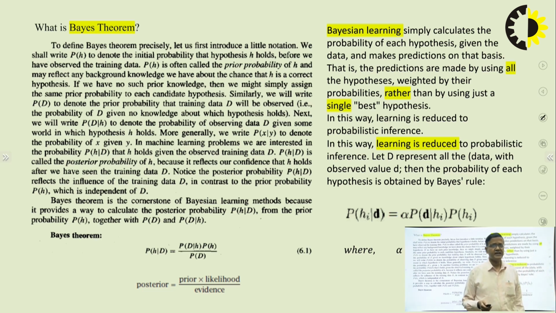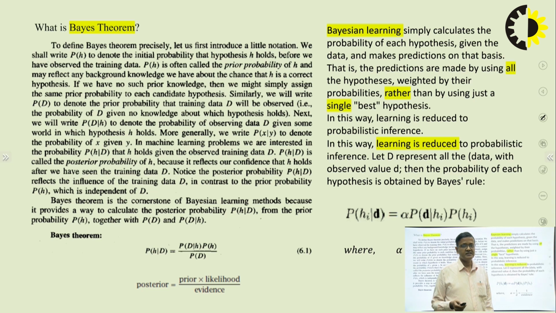So P(hi given data) is equal to alpha times P(D given hi) times P(hi), where alpha is 1 by D, which is 1 by the evidence.